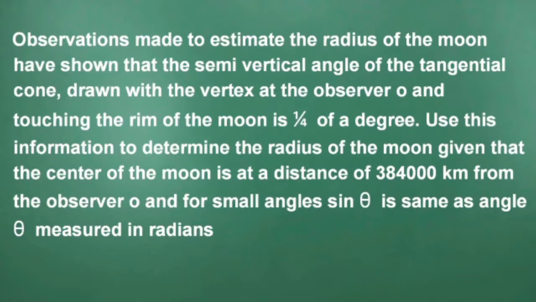Use this information to determine the radius of the moon, given that the center of the moon is at a distance of 384,000 kilometers from the observer, and for small angles sin theta is same as the angle theta measured in radians.